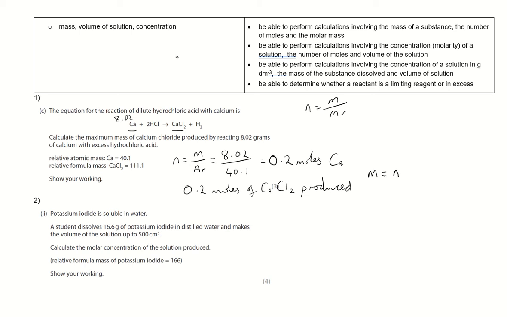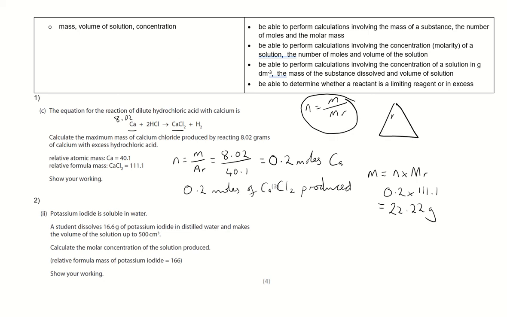So mass equals moles times MR in this case, since we're looking at a molecule here, or relative formula mass, if you want to use that. So then 0.2 times 111.1, and that gives me 22.22 grams in there.